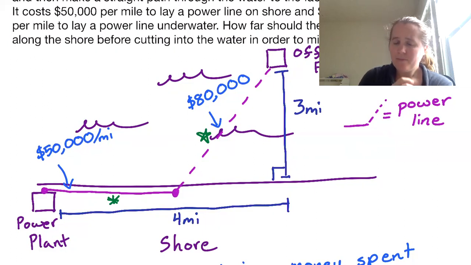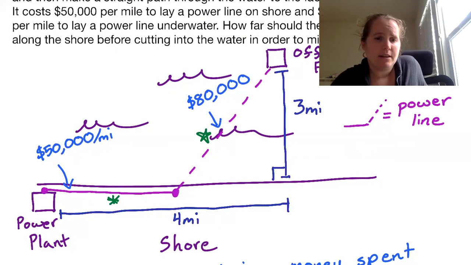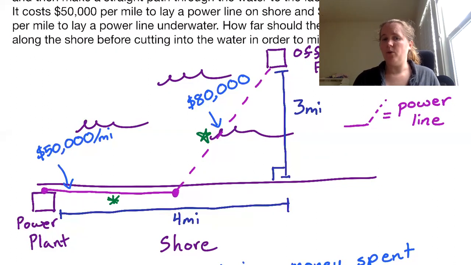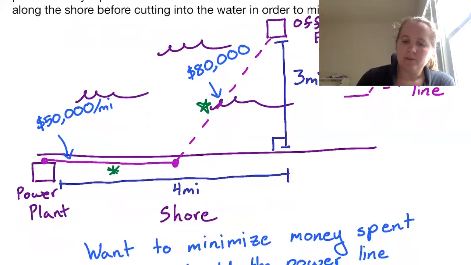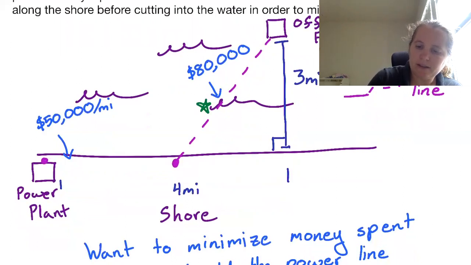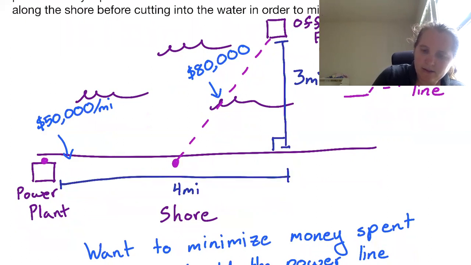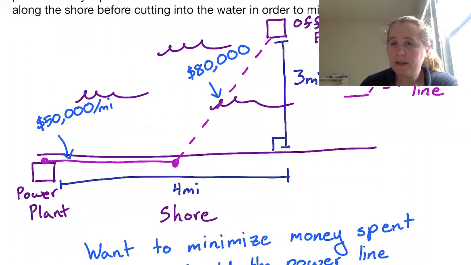And so we have a choice. We could either set that distance along the shore as our variable, or we could set the remainder as our variable. And that might make our life a little easier, but it's completely up to you. Since we are ultimately being asked to figure out the distance from the power plant till we cut into the water, we can label that as our x.